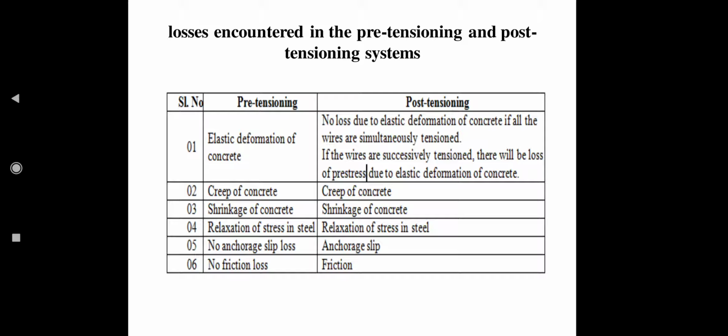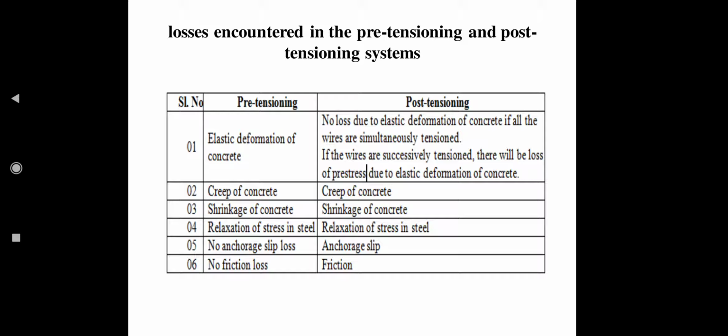So what are all the losses that will occur in pre-tensioning members, and what are all the losses that will occur in post-tensioning members? First I will consider pre-tensioning members. In pre-tensioning members we have four losses. First one is elastic deformation.